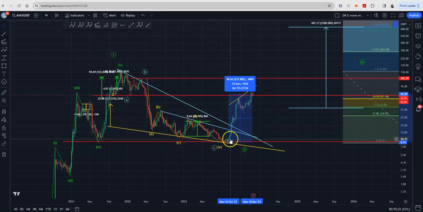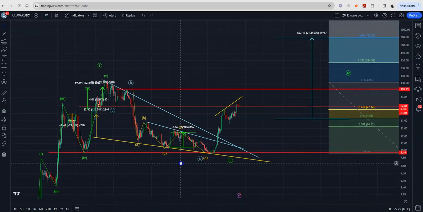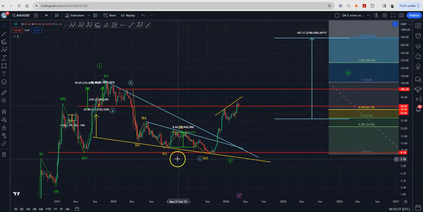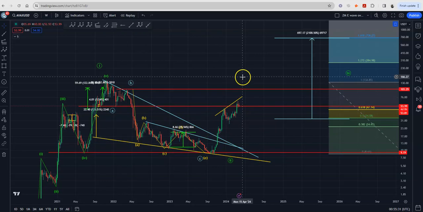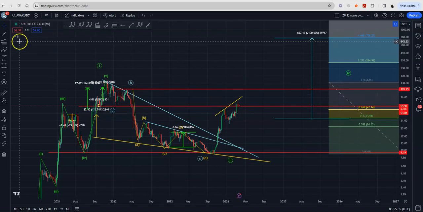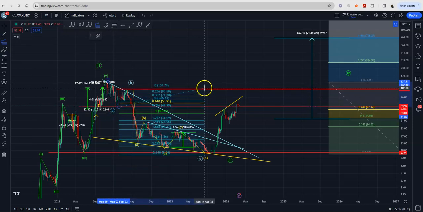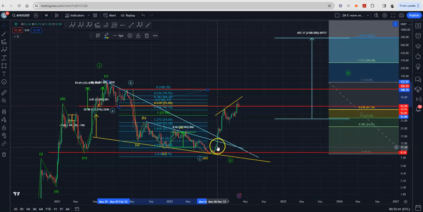So this would have been a beautiful opportunity to buy. It's still a great opportunity to buy. The target for this structure is, of course, the top here, wave 5. And we also had a beautiful landing on the 2.618 or 2.72.